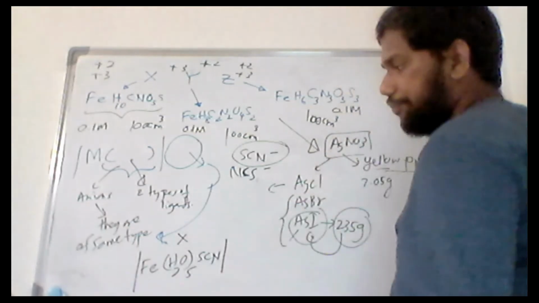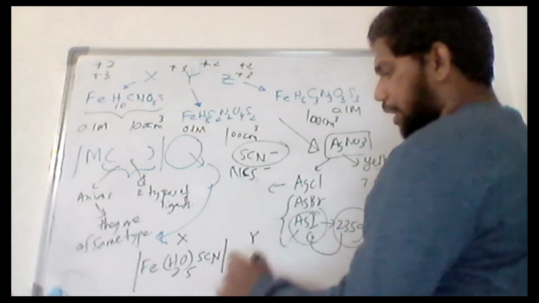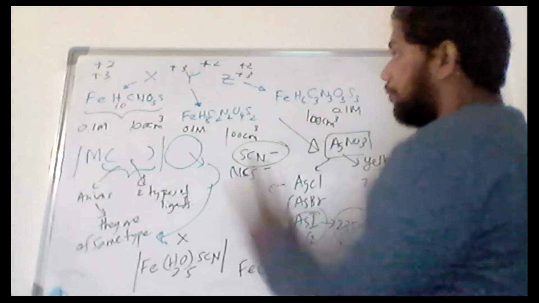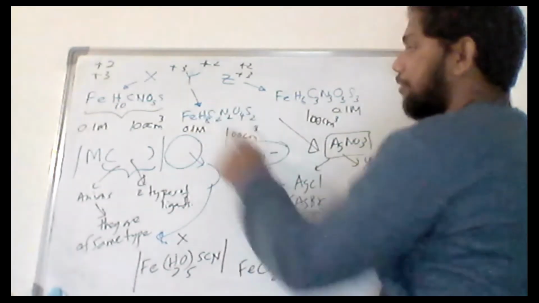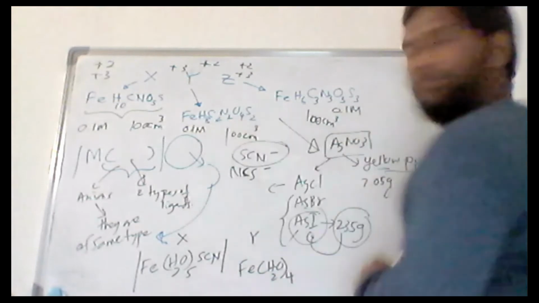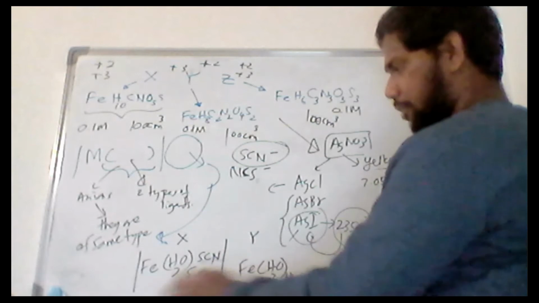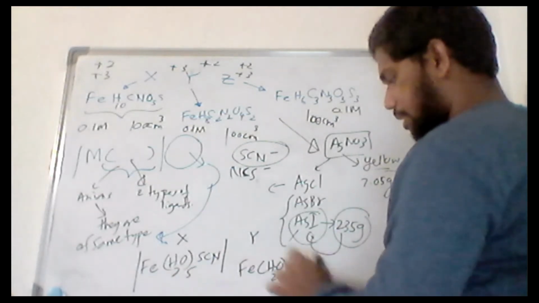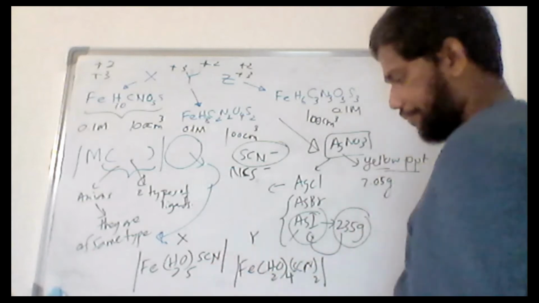This is one, right? And with Y, it could be Fe H2O4, because I can see 4, and if I take SCN, there are 2. Now it's octahedral, very nice. Here also octahedral, 6. So SCN2, right?